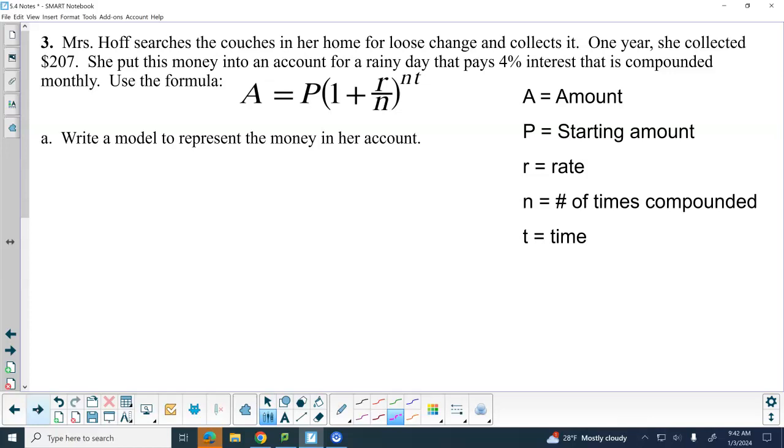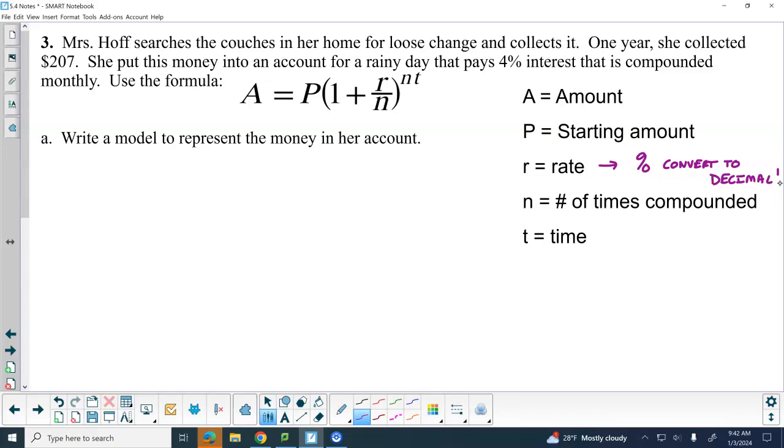R is going to be your rate. Now I will tell you that your R is usually given to you in a percentage, and you need to convert it to a decimal to use it in the formula. N is the number of times that whatever happens to it.